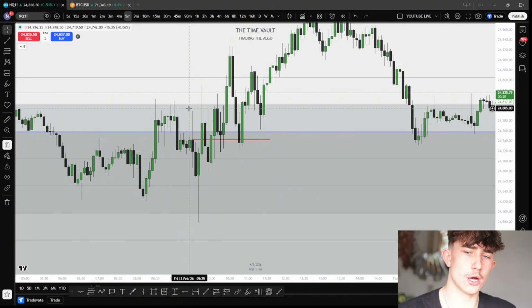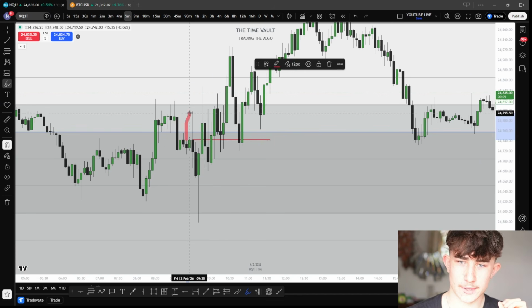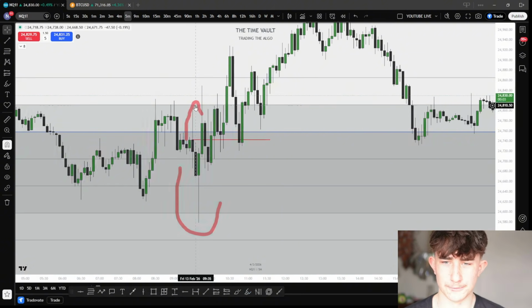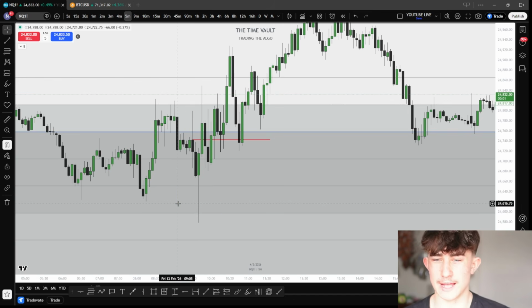Now this all comes down to time and where the 930 lands relative to your time projections for the day. If you don't understand time projections, just ignore that for now. But if your 930 forms as a double Judas swing, which is very hard to tell beforehand if you're just a regular ICT trader, because ICT never talks in depth about time.